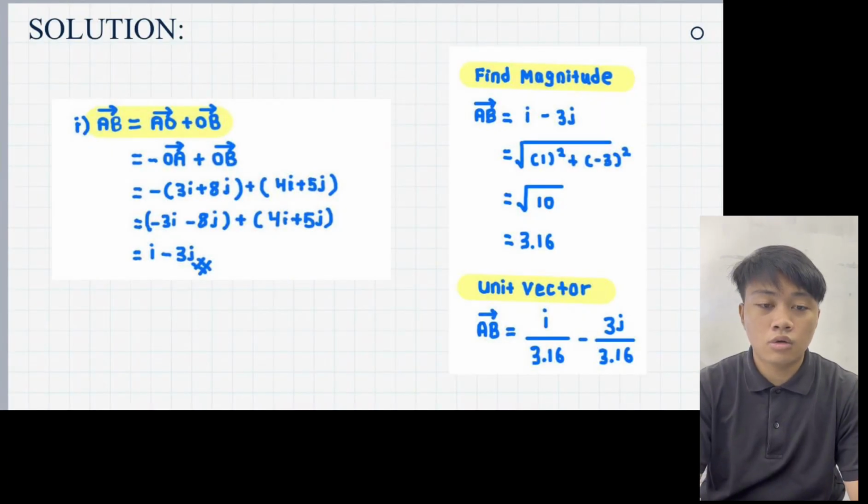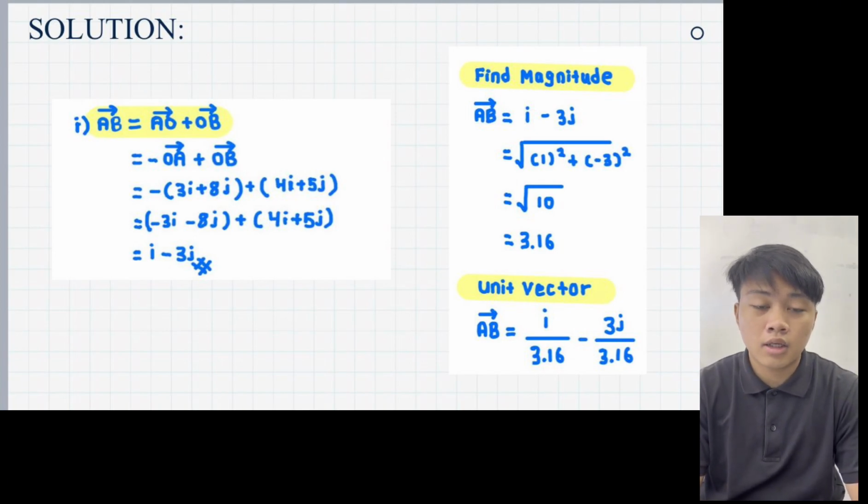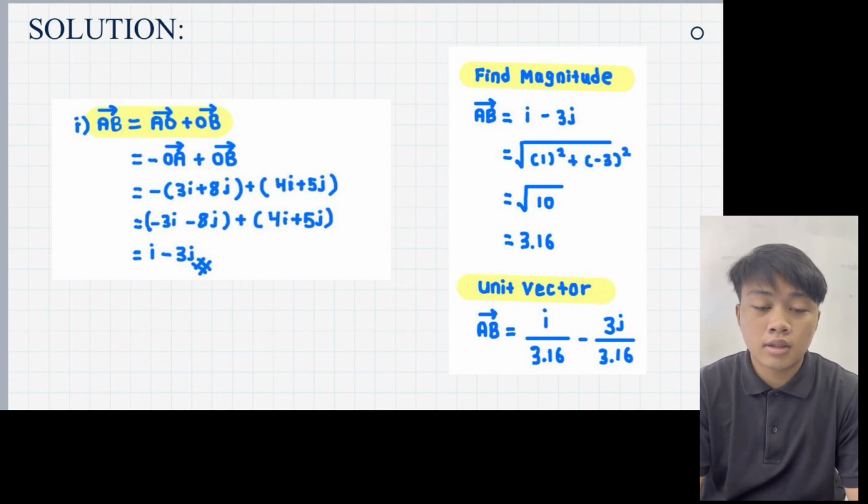Firstly, we do the first question first, A to B. We need to find the pathway AO plus OB. The value of A given is 3i plus 8j, but that is O to A, so we need to change it to negative so that we can get the correct pathway.